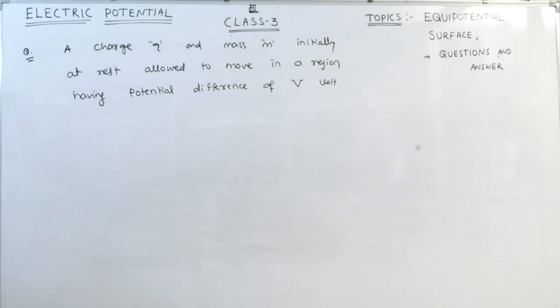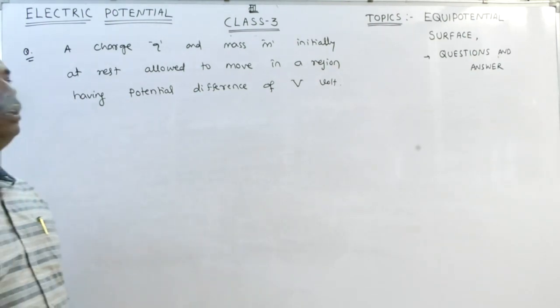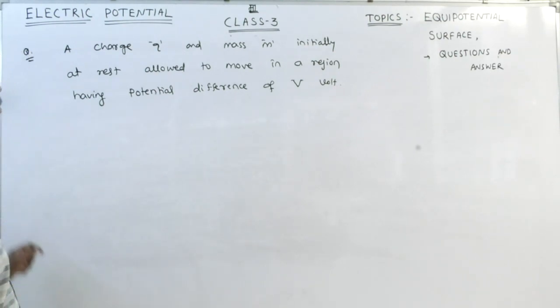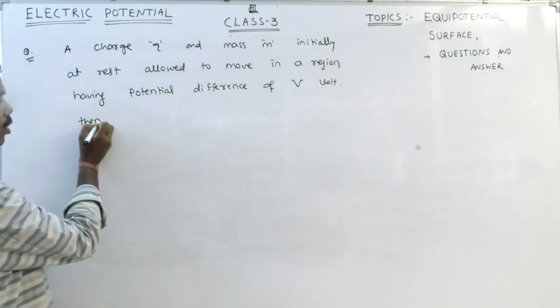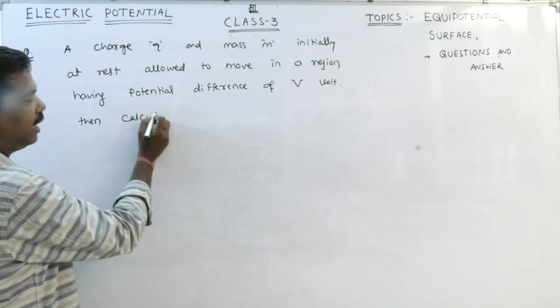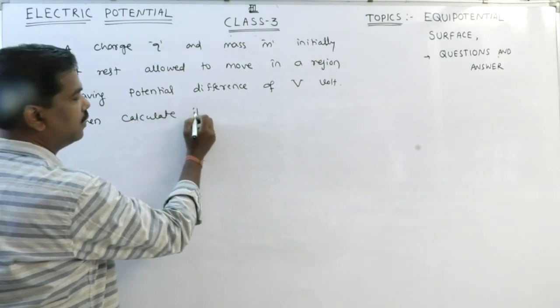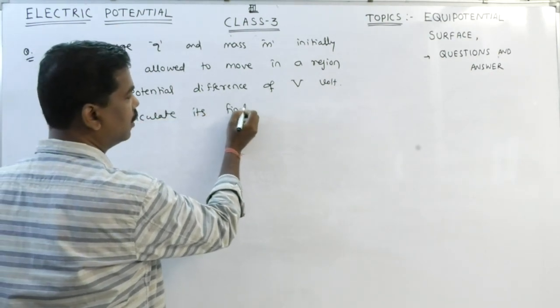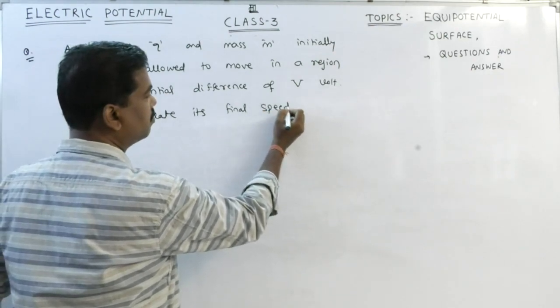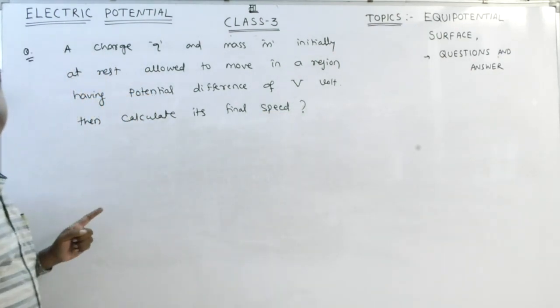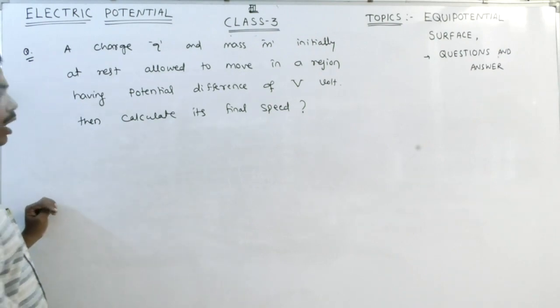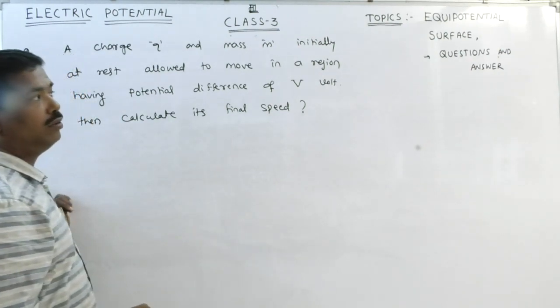A charge q and mass m initially at rest is allowed to move in a region having potential difference V volt. Then calculate its final speed. Clear?